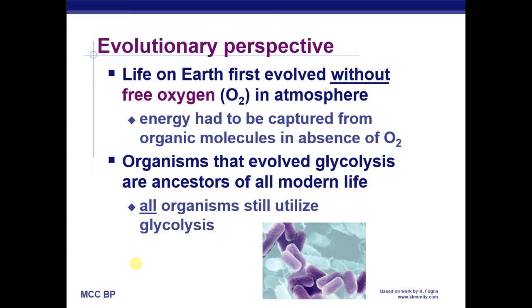The first ones existed long ago when there wasn't any oxygen. That's why all organisms now still use glycolysis. It's very ancient. It's been conserved for a very long time, and that's why glycolysis doesn't require oxygen to happen, unlike the other parts of cellular respiration.